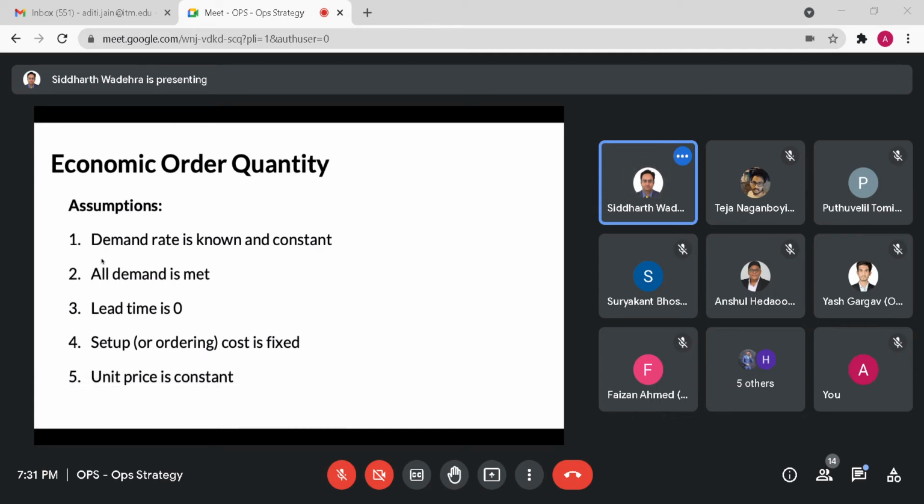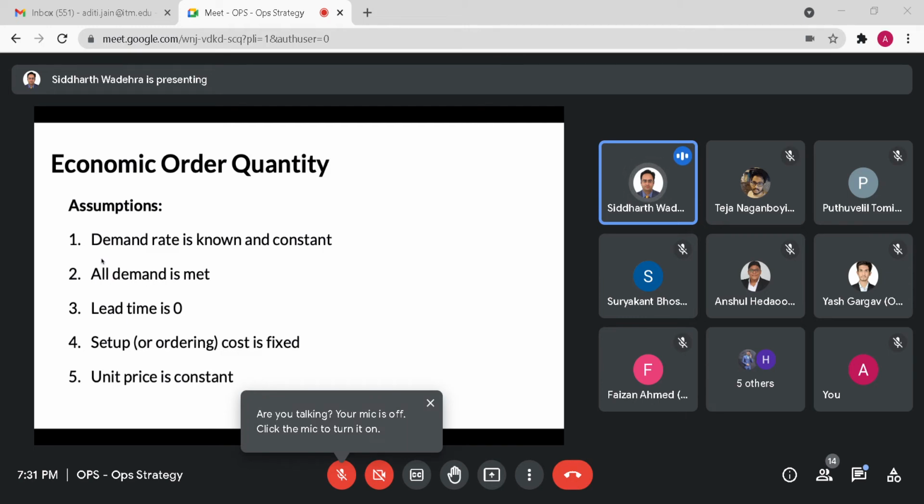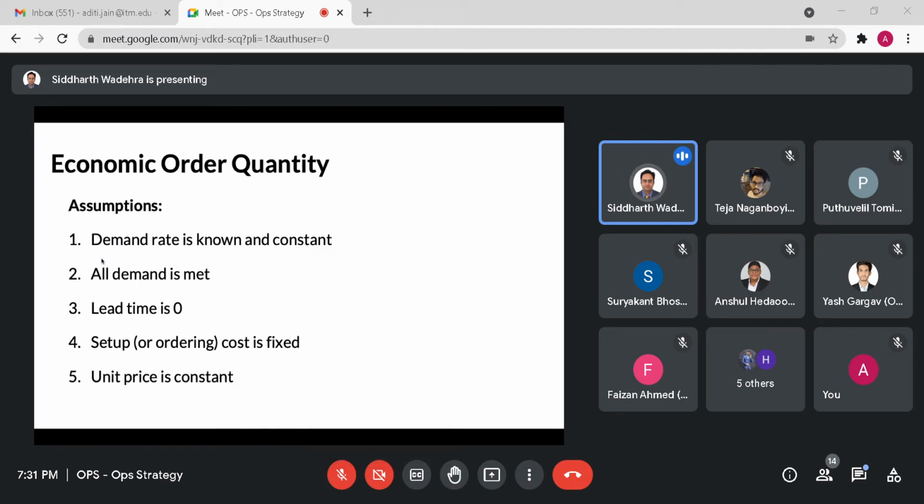But when we get to the reorder point, we'll talk about incorporating the lead time in the reorder point itself. But for EOQ, we are assuming a lead time of 0. So there is an instantaneous replenishment. You place an order, you get the quantity delivered to you right on the same day. So you are never worried about inventory running short.